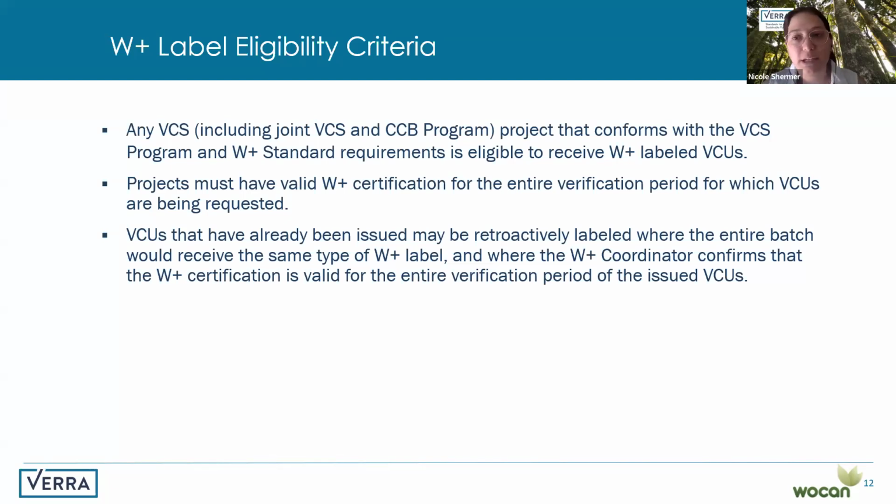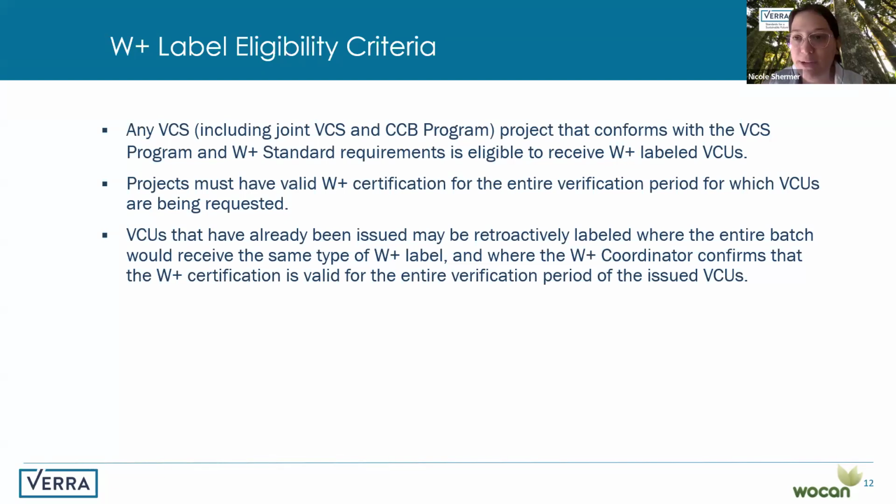Some of these cases might get a little bit more complicated, so the best advice we can give is to work with the registry team to make sure that the type of W+ label, as in the domain type, is the same or is applied differently across past issued VCUs. And the Verra registry will also confirm with the W+ coordinator, again, that the entire verification period for those VCUs is covered by a valid W+ certification.